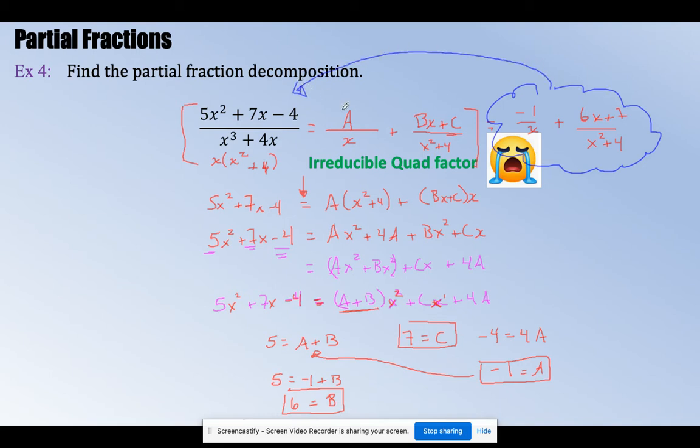You take the sum of those two parts, combine them together into one fraction, and if you've done your math right, you will get 5x squared plus 7x minus 4 on top of x cubed plus 4x. That wasn't so bad.